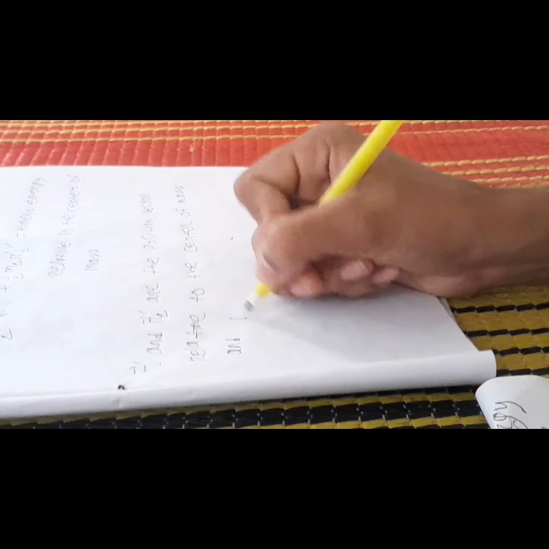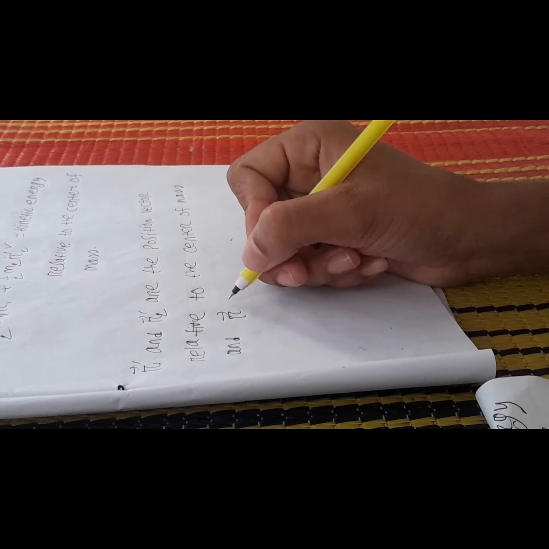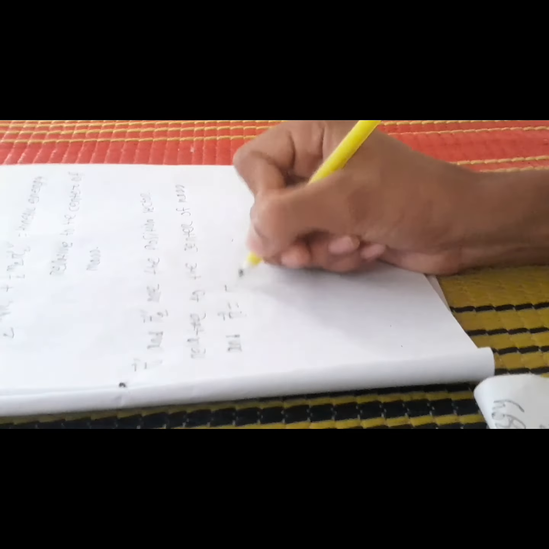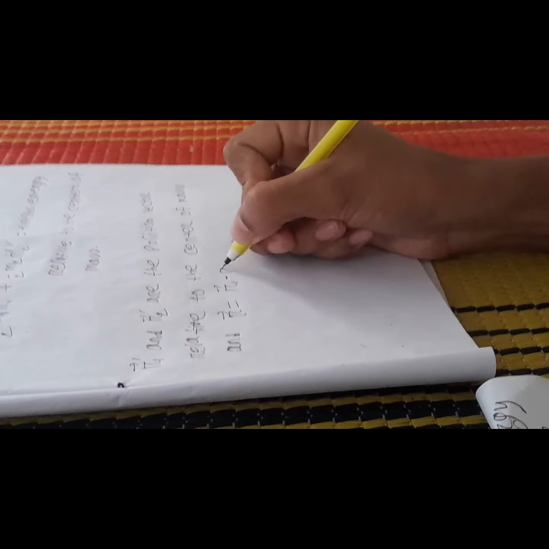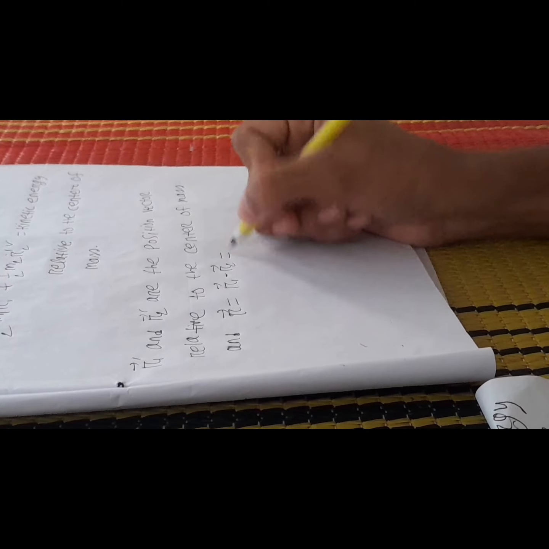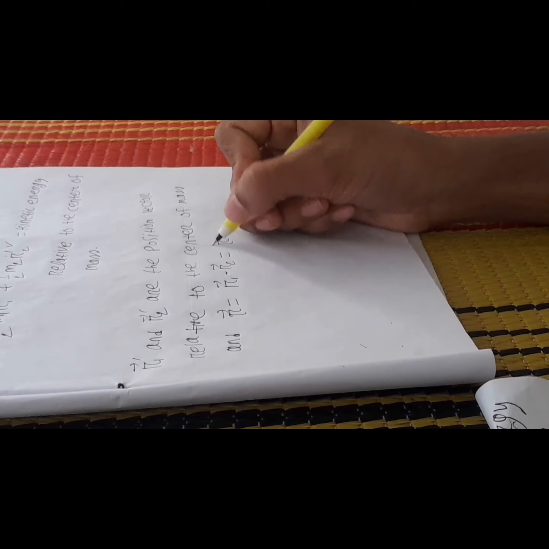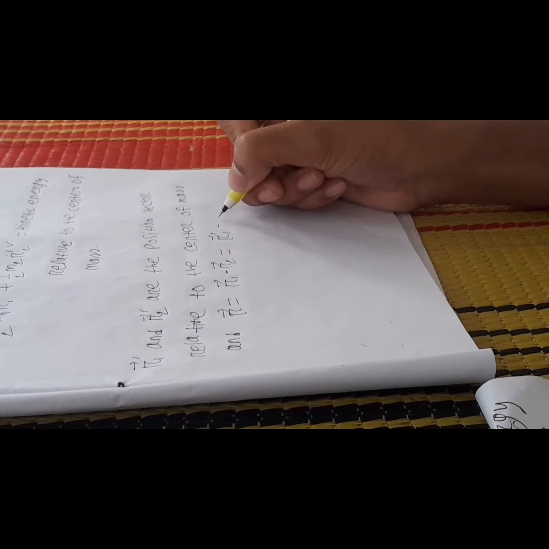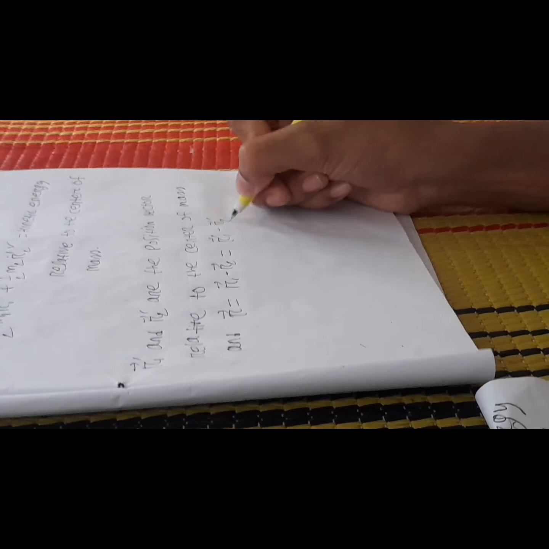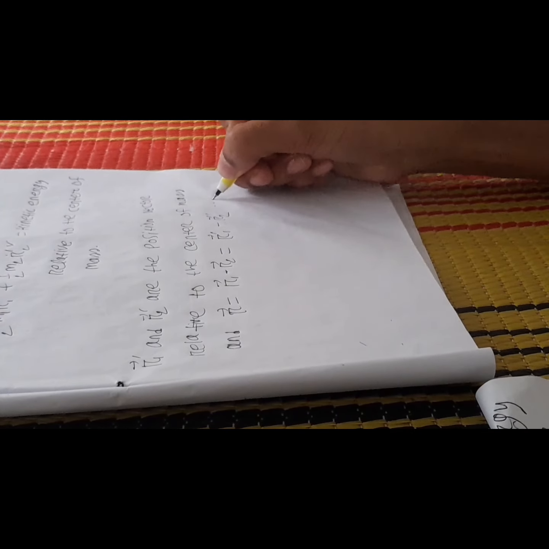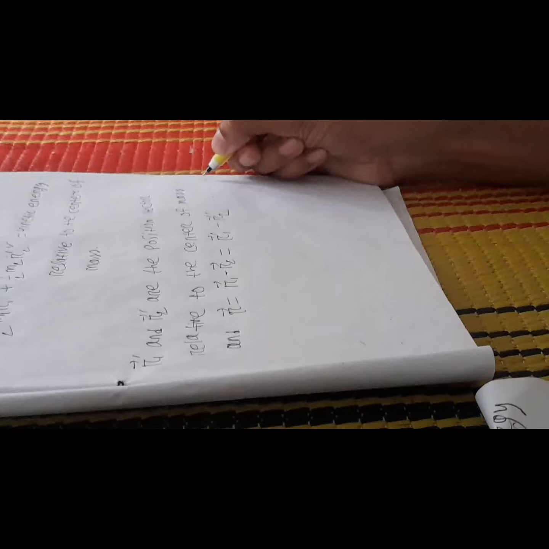And vector r equal vector r1 minus vector r2, equal vector r dot 1 minus vector r dot 2. Equation number 1.